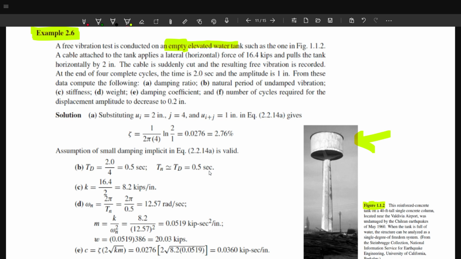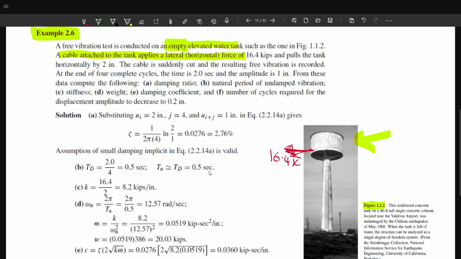A cable attached to the tank, take care, the cable is attached to the tank, applies a lateral horizontal force of 16.4 kips.